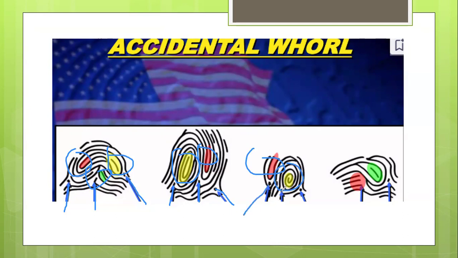Another one, this is a loop, and this is a central pocket loop whorl. Three deltas: the left delta, the center delta, and then the right delta. Same goes here. This is again the central pocket loop. And this is the delta. This is another set of patterns. That is why we call this an accidental whorl, because it is a combination of two or more patterns except plain arch.